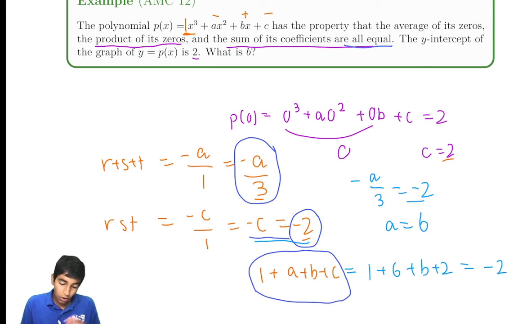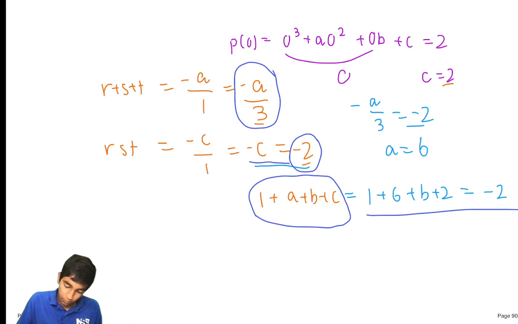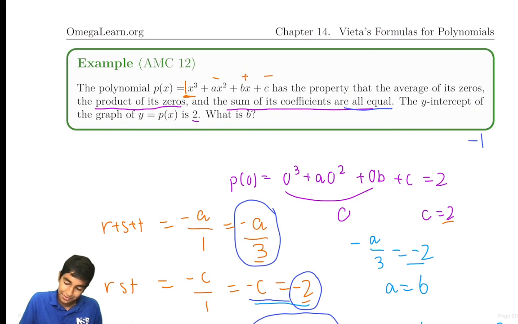So we know that negative 2 is equal to 1 plus a plus b plus c, and we know a is 6 and c is 2, so we have this equation over here. Let's solve. We have 9 plus b equals negative 2, so b is negative 11. And that's our answer, negative 11.